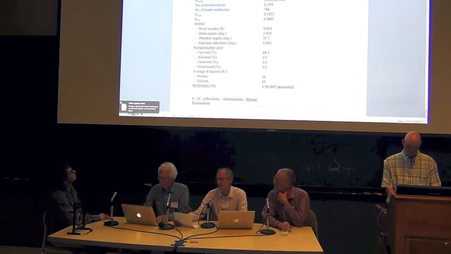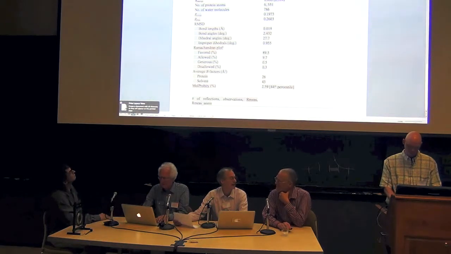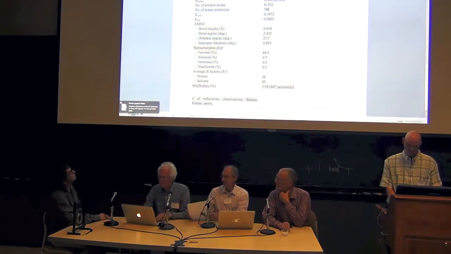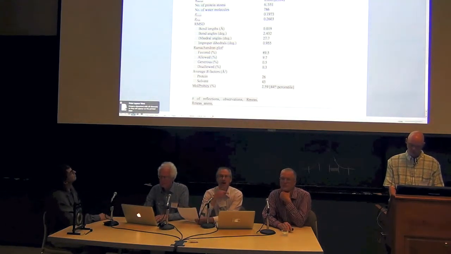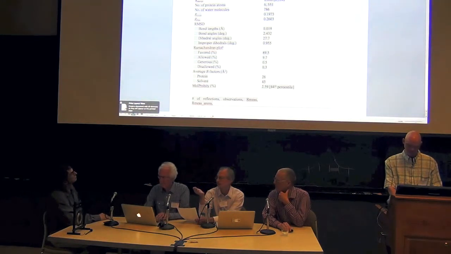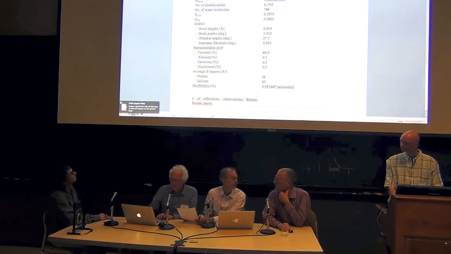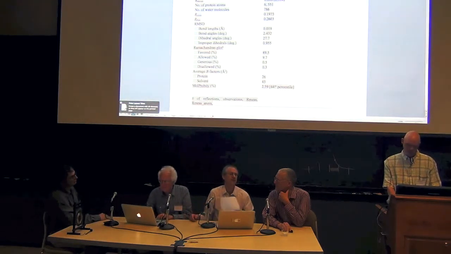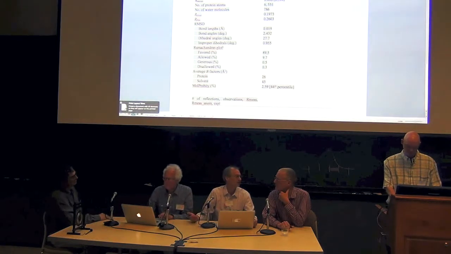The I over sigma here is interesting. The way that the table is shown, the sigma, as Kai said, can be calculated in many different ways. And in fact, you can change it by changing the error model scale. You can multiply all the sigmas by 0.5, right? Or by 0.1, and that will change your I over sigma.